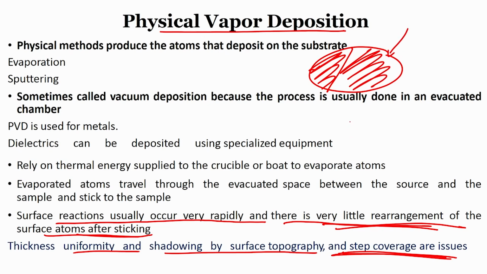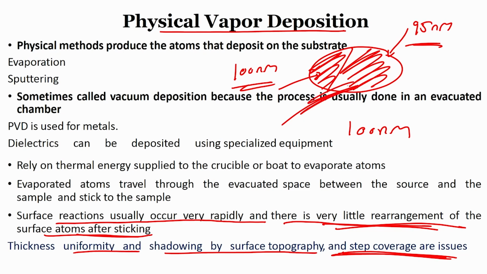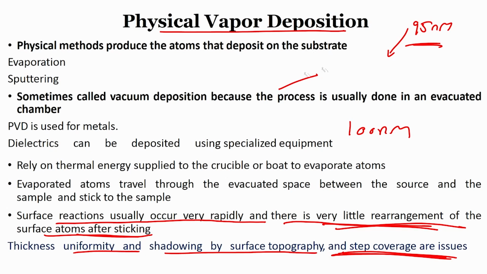Suppose I want to deposit 100 nanometer of film, and I have 95 nanometer here and 100 nanometer there. That is not okay. I need to have a uniform deposition everywhere. So, one issue is that the deposition is not uniform.